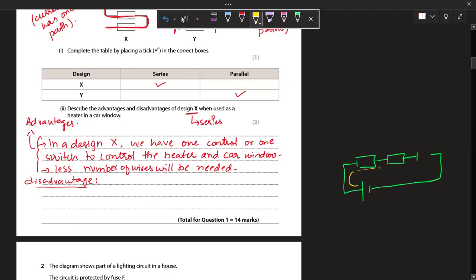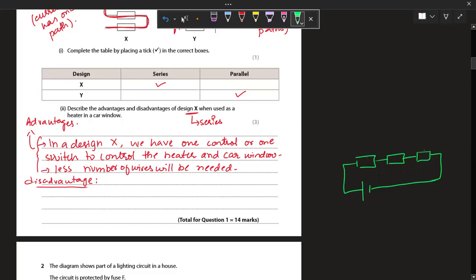The current will stop flowing through the circuit. So having one component faulty in a series circuit will make the whole circuit unsuccessful or disconnected.